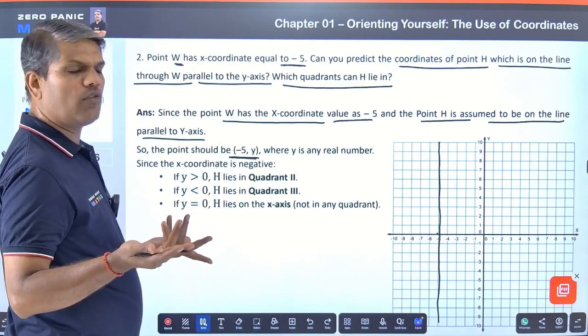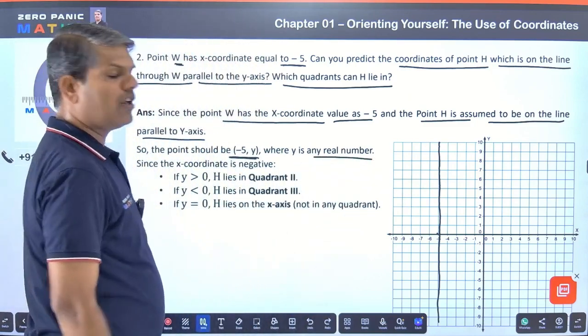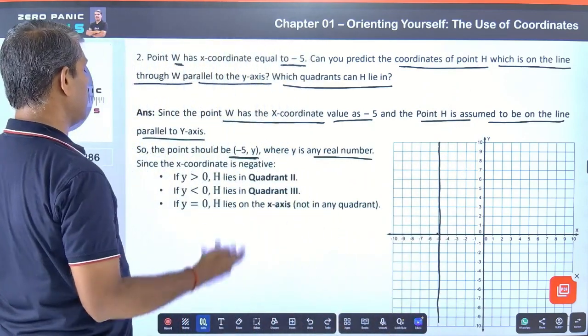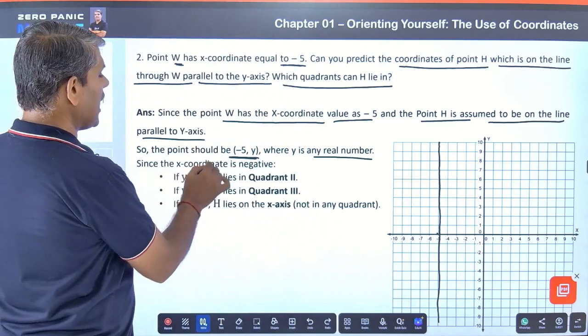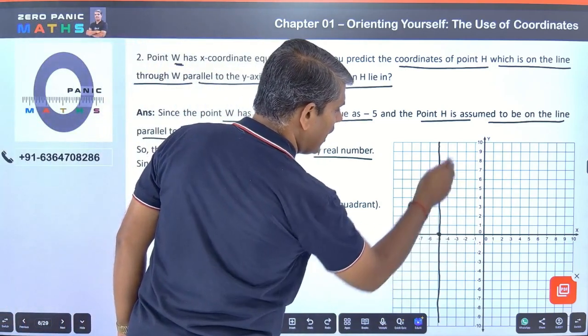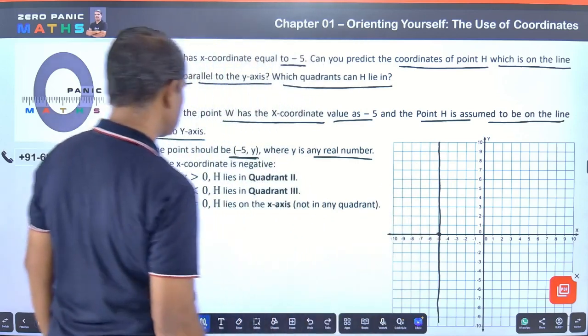We don't know the value of y, where y is any real number. It can be plus 1 2 3 4 5 or minus 1 2 3 4 5, like that. Since the x coordinate is negative, given as -5, I am drawing this line here.